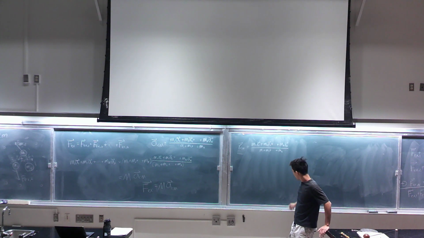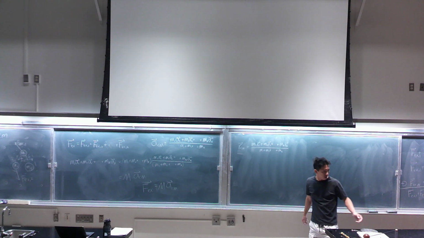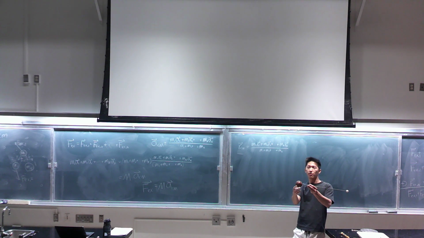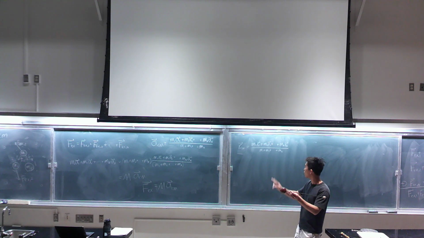Why do we look at this point? Let's do a simple example. If we have two particles in our system, one heavier, one lighter, then there's only two particles, and we'll only have two terms.